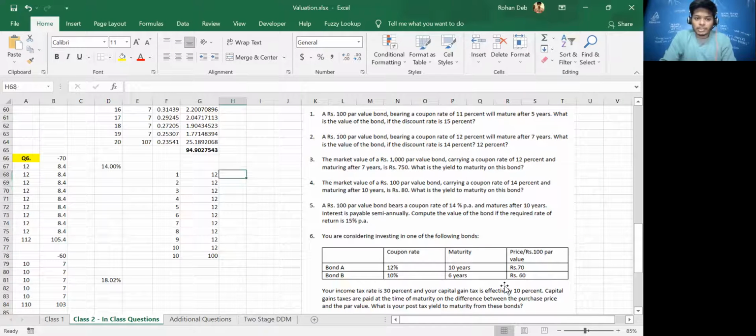Okay. So let me write the tax figure here. So this is your income, this is your tax, and this is your net income, right? Feel free to write this in the exam as well.